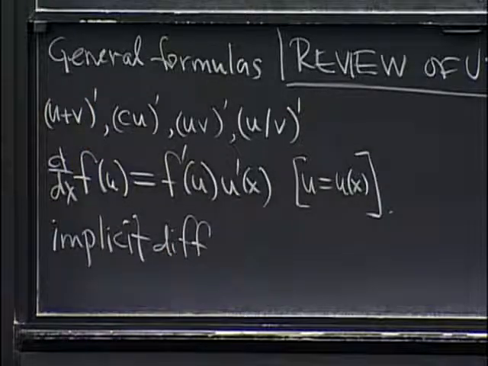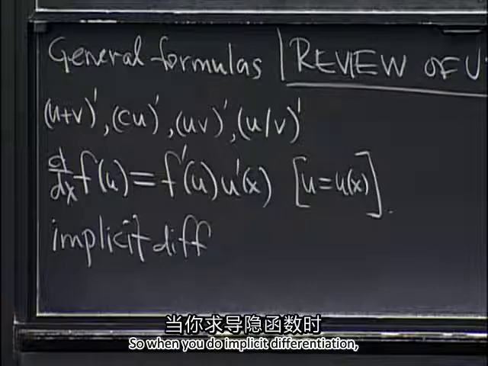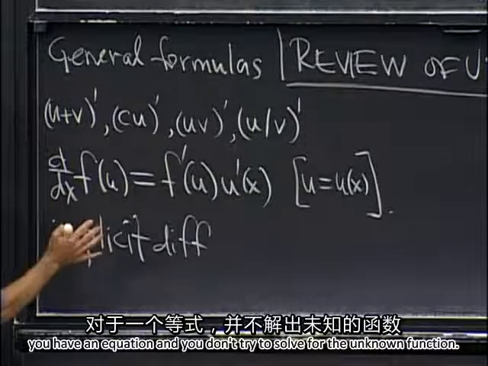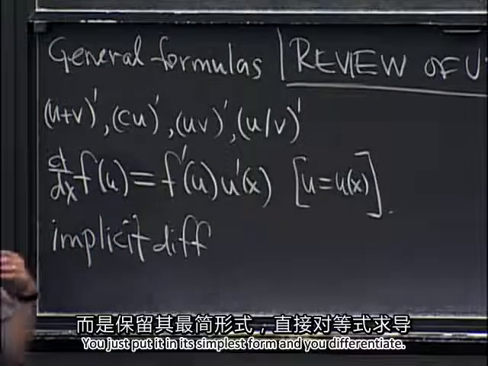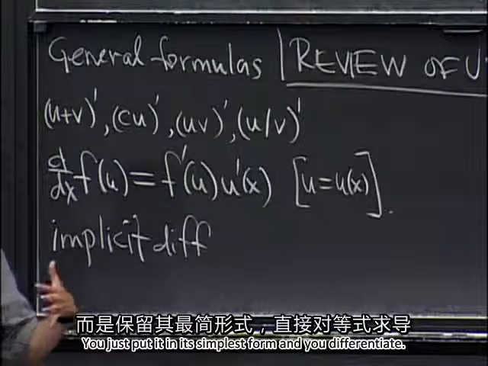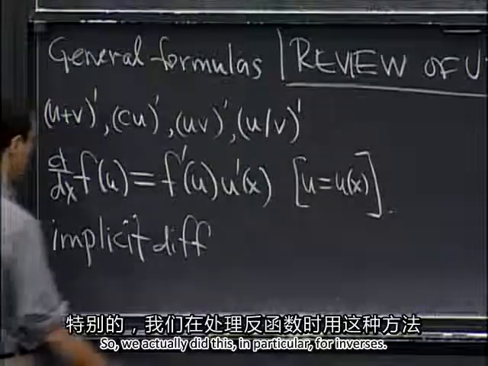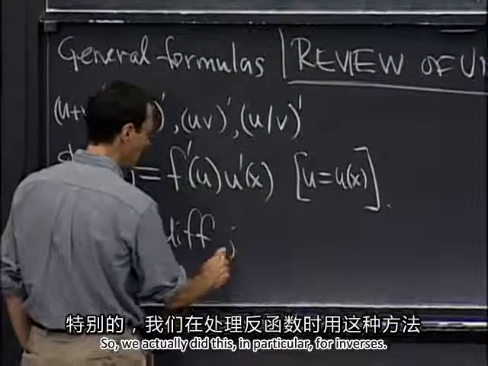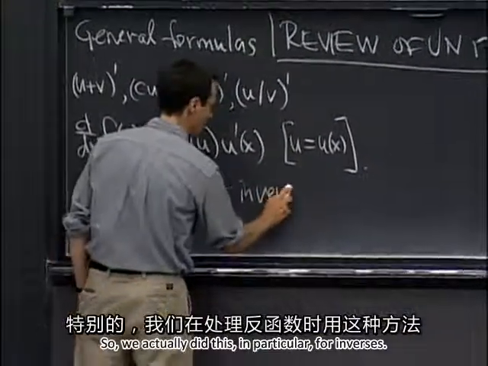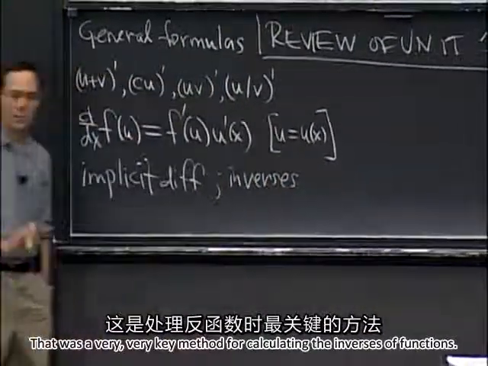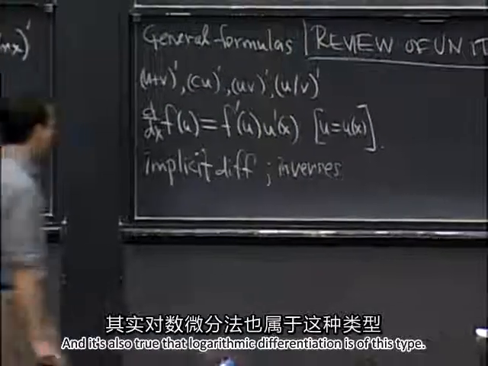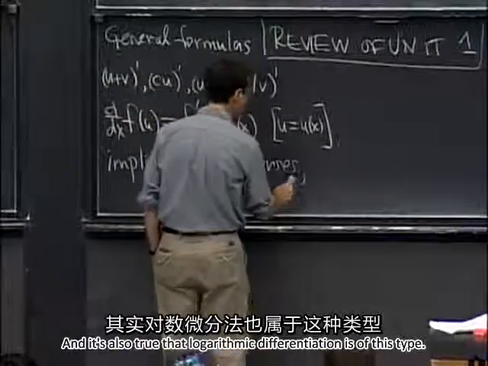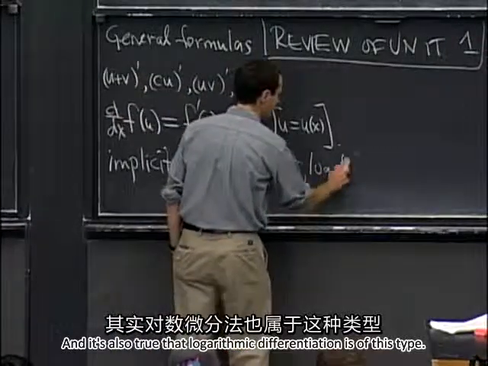Okay? So when you do implicit differentiation, you have an equation and you don't try to solve for the unknown function. You just put it in its simplest form and you differentiate. So we did this in particular for inverses. That was a very, very key method for calculating the inverses of functions. And it's also true that logarithmic differentiation is of this type.